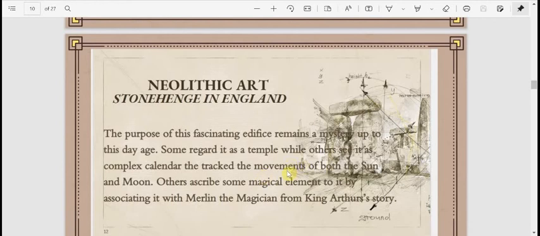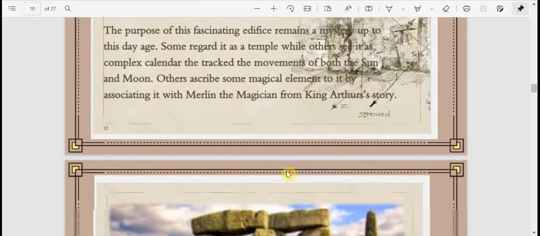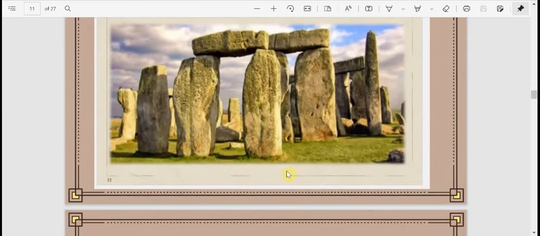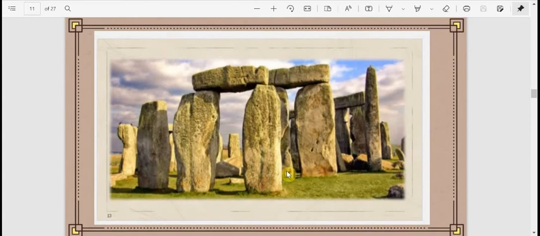Now we move into what is probably one of the most fascinating aspects of Neolithic art, Neolithic megaliths. Okay, so these are found in numerous regions of the world, and many are famously known in the regions of Europe, like England and Ireland. Stonehenge is in England on Salisbury Plain, Wiltshire.